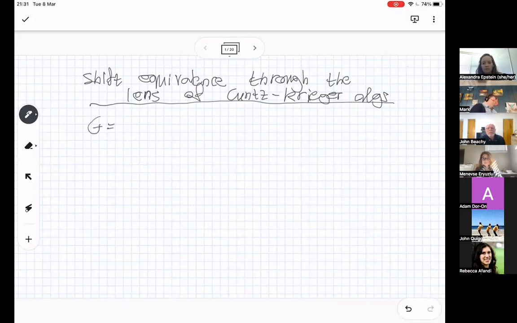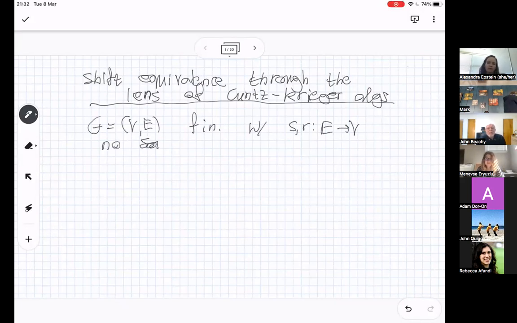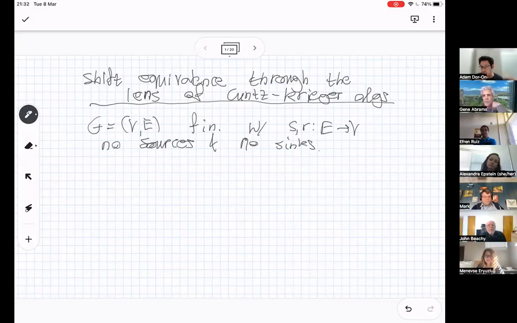So suppose that I have a directed graph, and I want to assume that it is finite, and it has source and range maps, and no sources and no sinks. Okay, so if I have this situation, I can construct a two-sided subshift from this directed graph. This is sometimes called the edge shift.